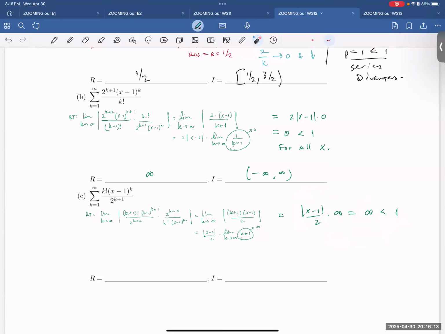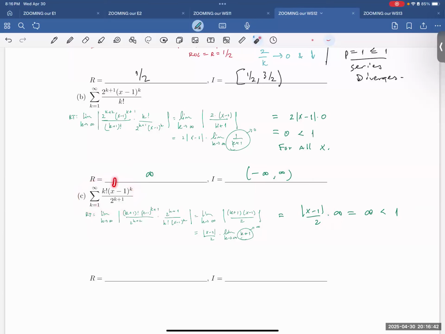At this point, if you get infinity for your limit with a ratio test, then this tells us there's going to be a single value for our interval, and it's the center. Is there a value for x that would make this 0, such that 0 times infinity would give us 0, which would be less than 1? That happens when x is 1, the center. You can look back here.